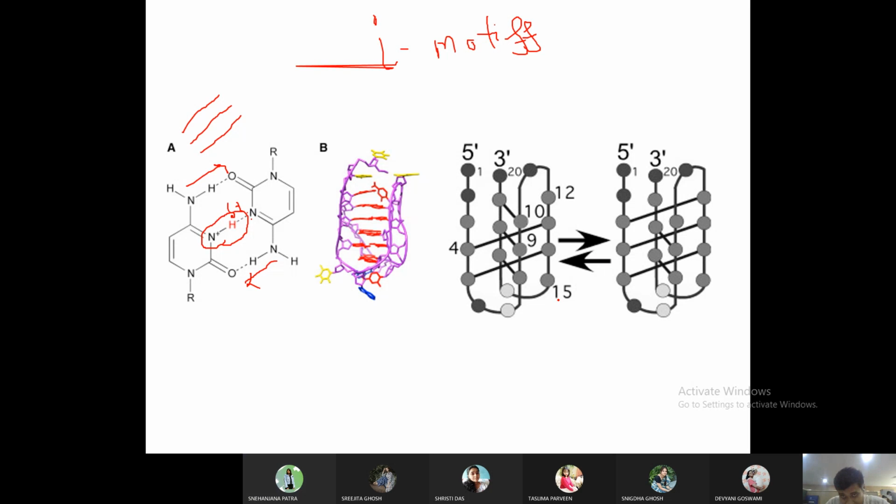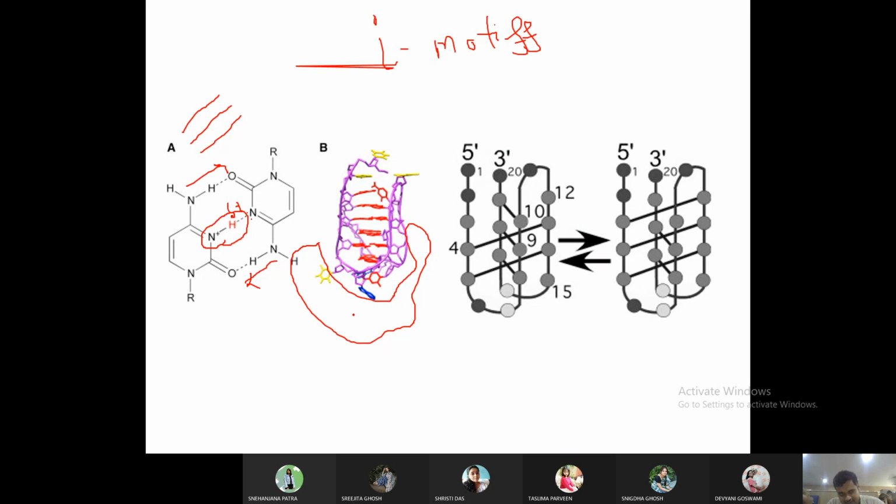So again, people have seen them in the test tube first, but seeing this structure in the test tube is not good enough. So scientists have used the same strategy: they make a chemical compound which can identify this i-motif, and I'm just drawing the shape of that compound. Some carbon, nitrogen, oxygen, whatever they have taken, to make a compound of this shape, which will fit the i-motif very tightly.